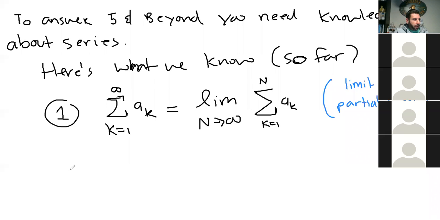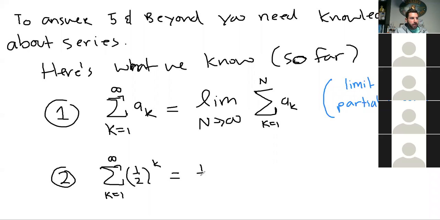All right, the other thing we showed, and this is all we showed so far, is that we showed this particular series, which was the sum of 1/2 to the k, k equals 1 to infinity. Remember what this is. This is 1/2 plus 1/4 plus 1/8 plus 1/16, and it goes on forever and ever. And what we showed is that this thing was actually equal to 1.